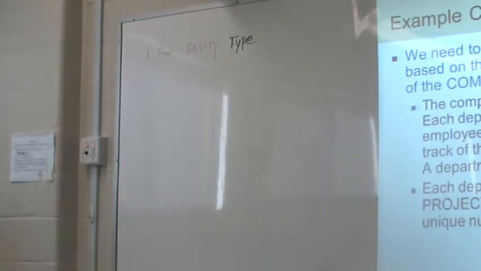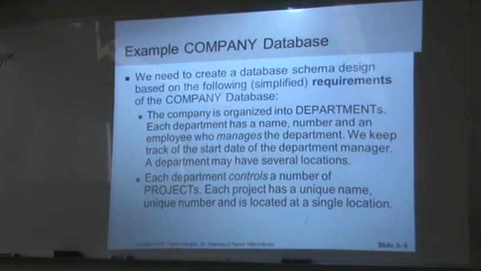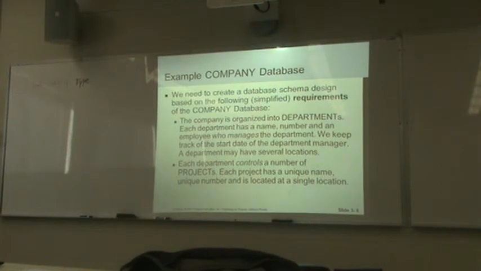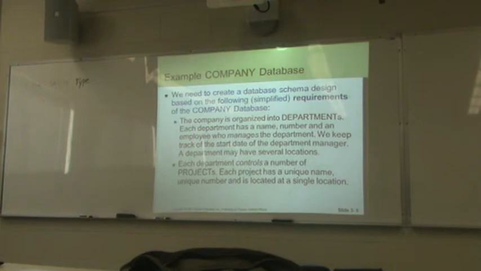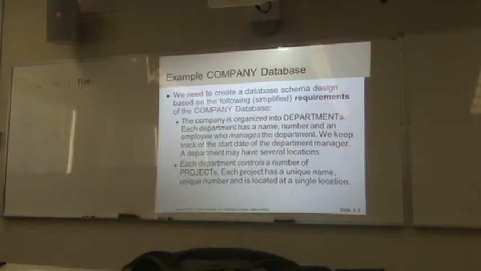Let's go back to the company database. Let's start from the company database. Can you find any entity type from the company database? Department, yes. This is already well organized. Probably your customer provides all the department information. There is the HR department, a payroll department, the sales department, and administrative.